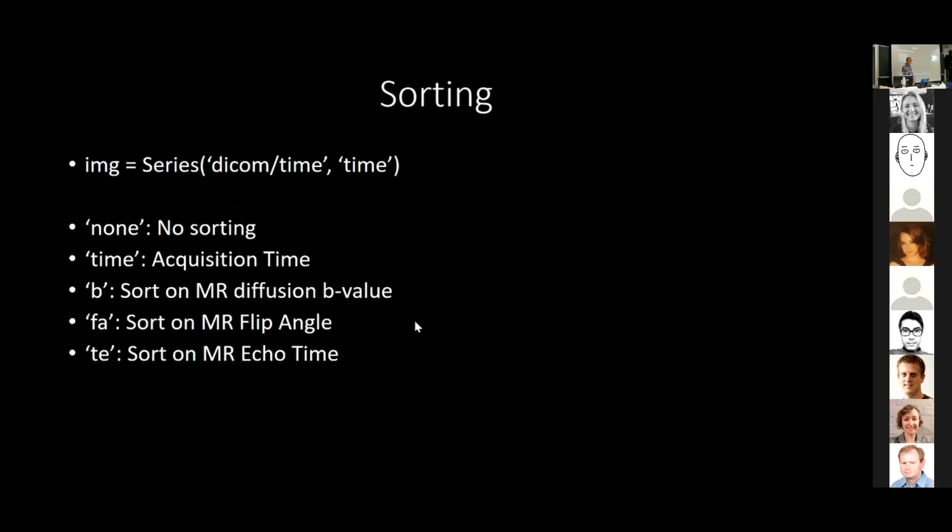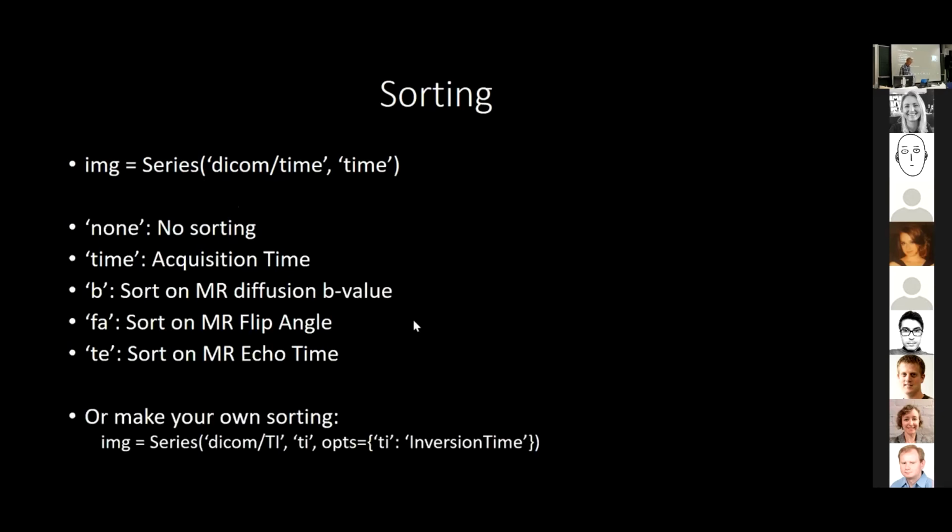And I'm sure you have a different need. So you could also make your own sorting, like inversion time. So you can define that TI is your new sorting way, and this TI is then coupled to inversion time in the DICOM header. So in principle, you could sort on anything. I'm sure you can come up with corner cases which I cannot sort. In particular, if you have to combine different attributes in the DICOM header to sort.